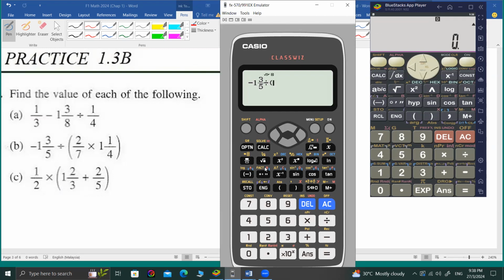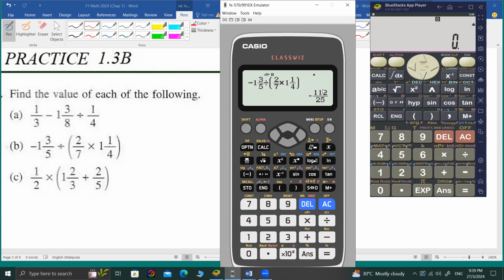Follow with bracket, fraction, 2/7. Go right arrow. Times. Mixed number again, 1, 1/4. Close the bracket. Equal.